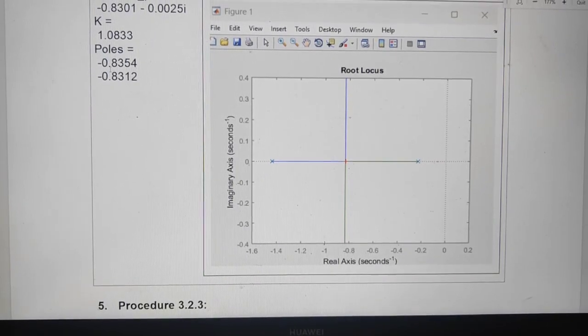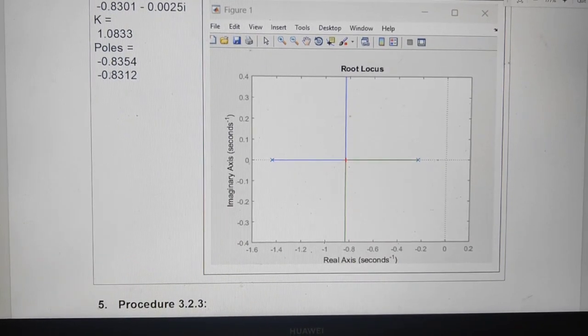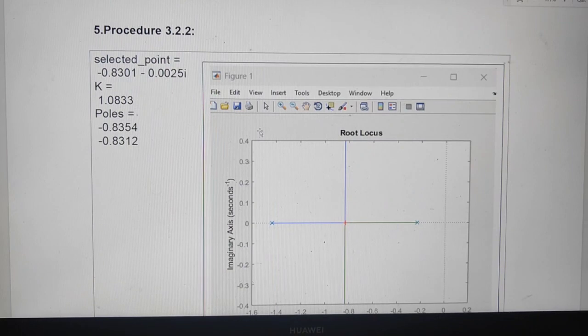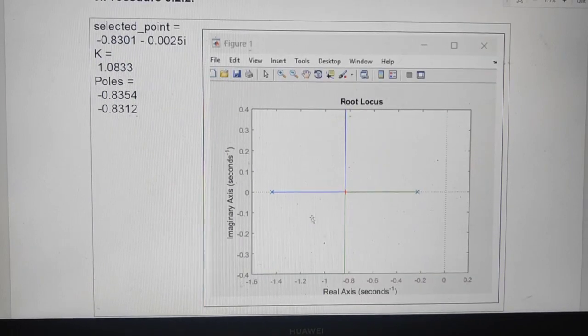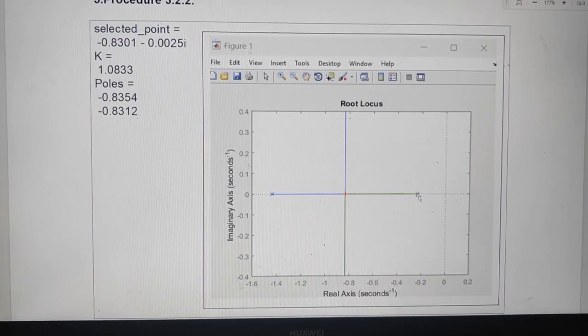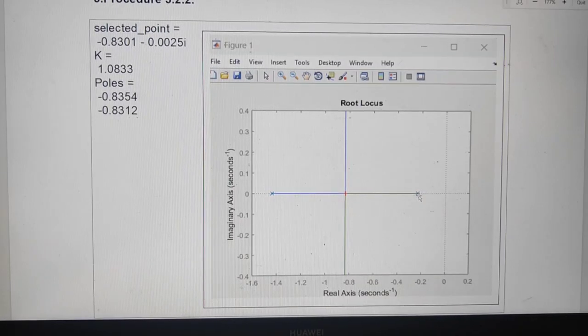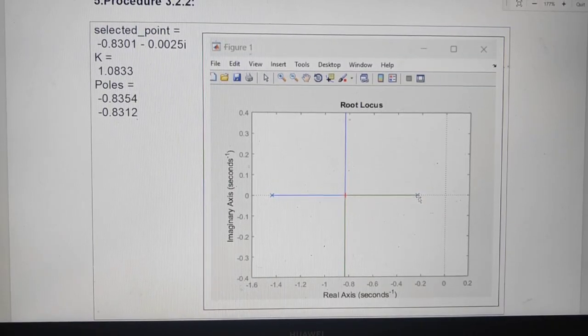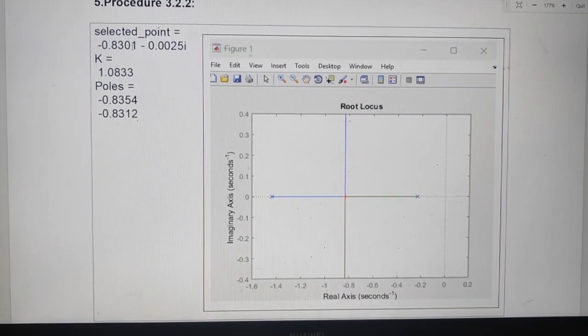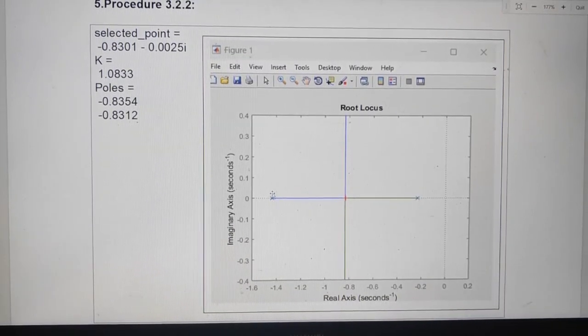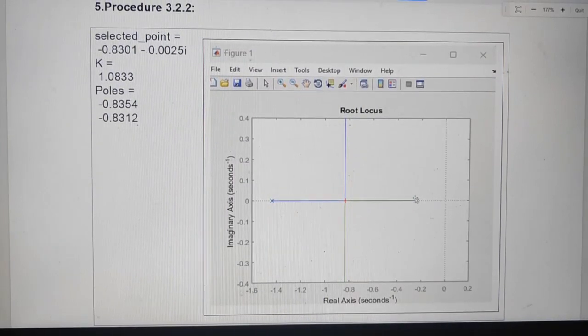For the poles, one reading is negative 0.8354 and another reading is negative 0.8312. So these are the two poles: negative 0.8301, which is here, and negative 0.0025, which is here.